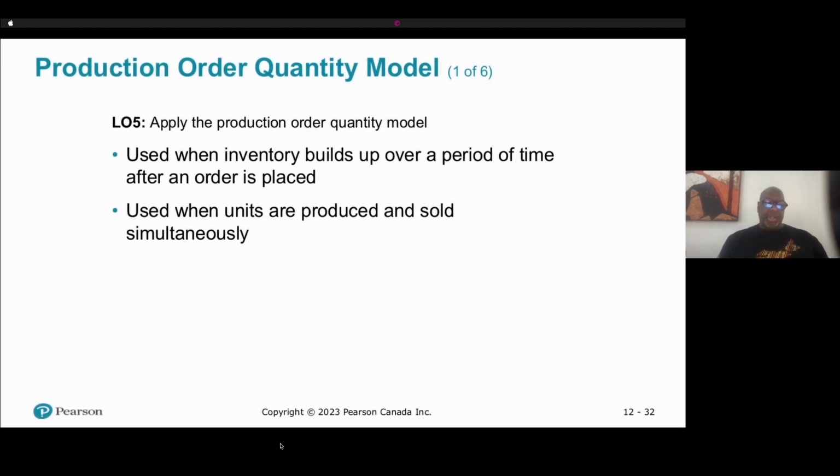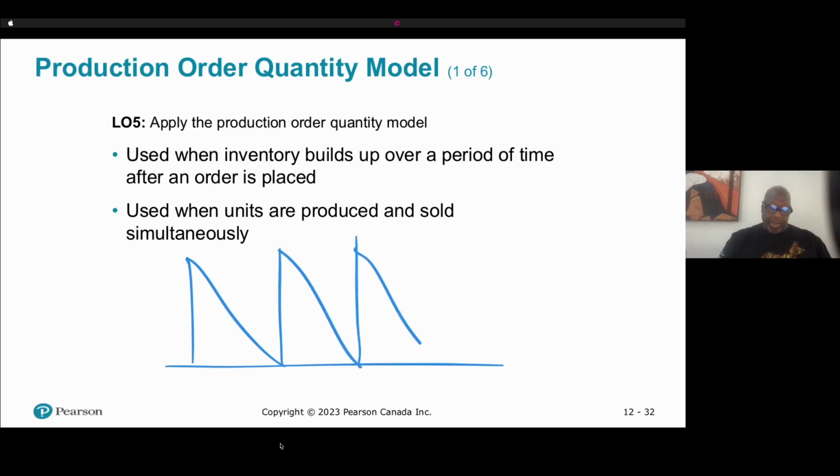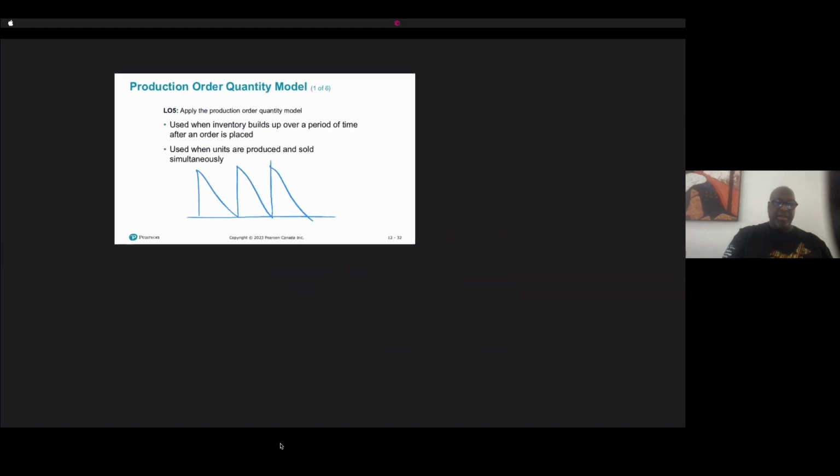The production order quantity model is a slightly different model, and we will talk about that a bit more later, but let's just understand what it means. This is a case where you are building inventory and using it at the same time. So instead of the standard EOQ model, where things are instantaneous, in this case it's a little different.